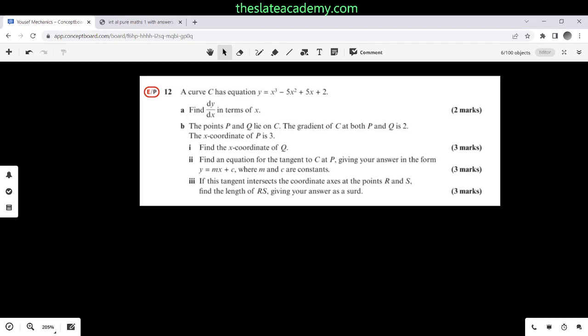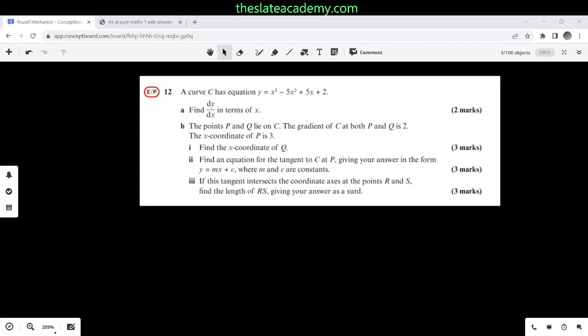And the x coordinate of P is 3. Find the x coordinate of Q. So if you do y is equal to, because I want to find the y coordinate first, and if I can find that, find the equation for the tangent.